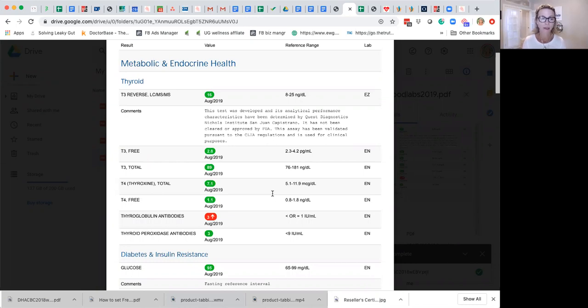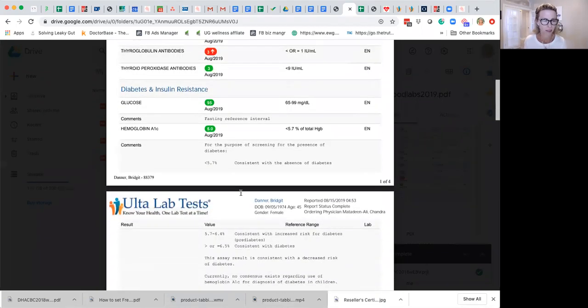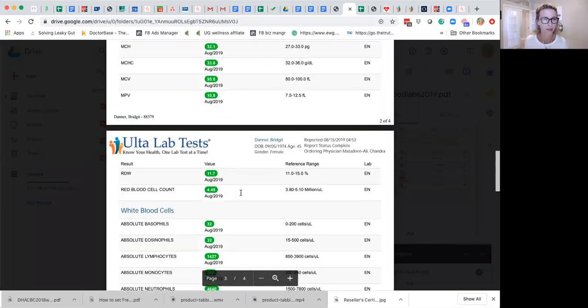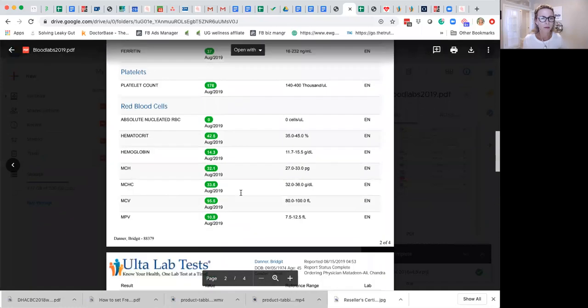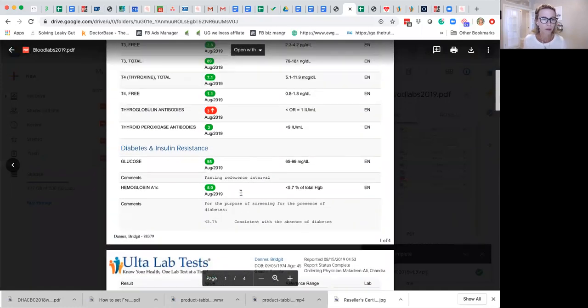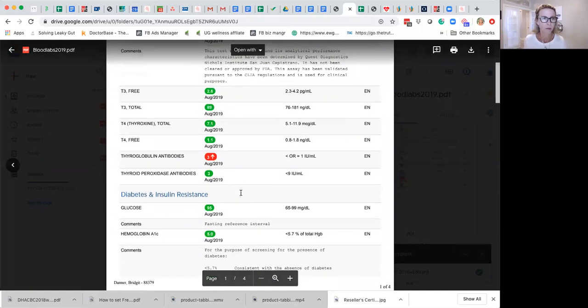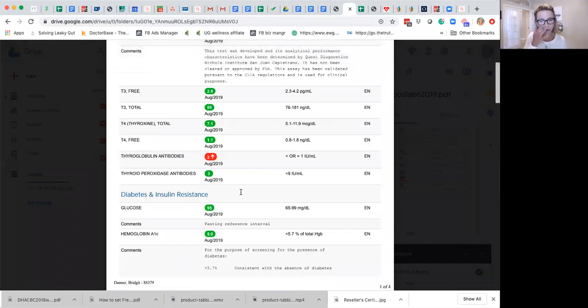So some things you can tell from this test for me personally. The TSH may have landed on a different page, just the way I pulled it up. I'm not sure what happened, but when you do a full thyroid panel, you can see what went wrong. So say, for example, my TSH is pretty normal, some of my total numbers are normal, but then my free T3 is low.